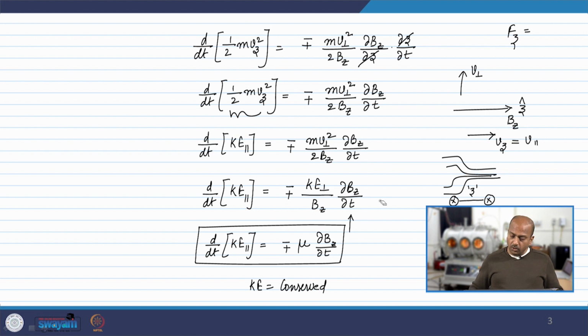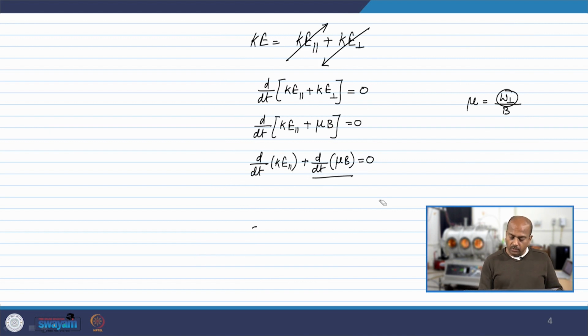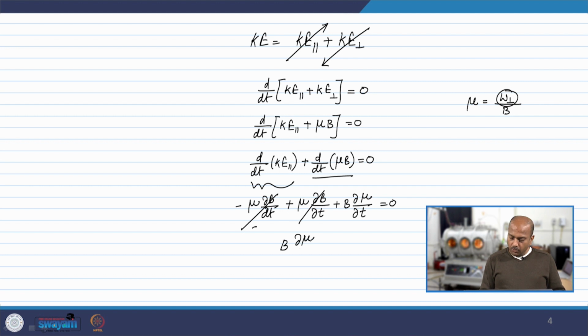It is mu ∂B/∂t. This is from the earlier expression. We can write it as mu ∂B/∂t plus, this is minus, mu ∂B/∂t plus B ∂mu/∂t is equal to 0. So these two things get cancelled. What we are left with is B ∂mu/∂t is equal to 0.